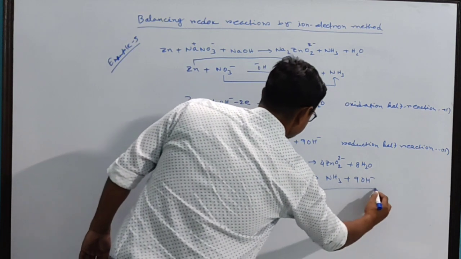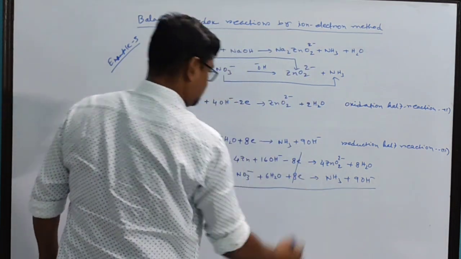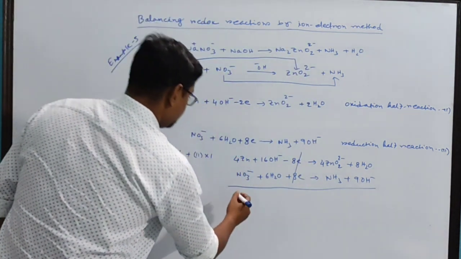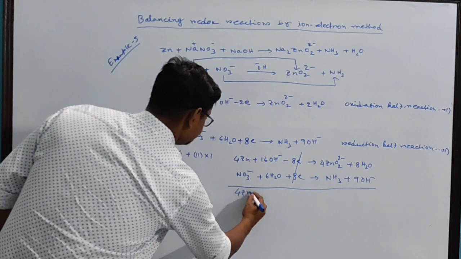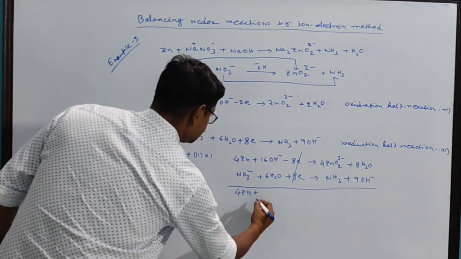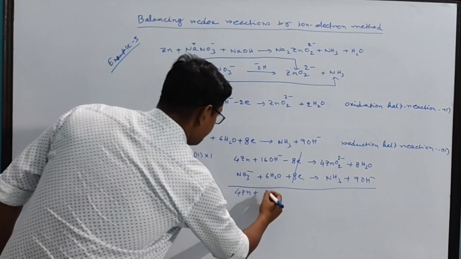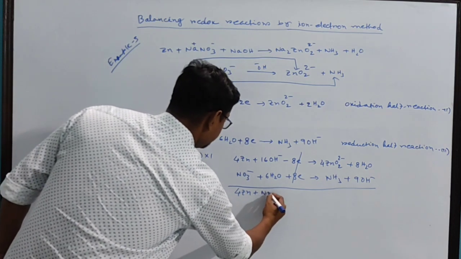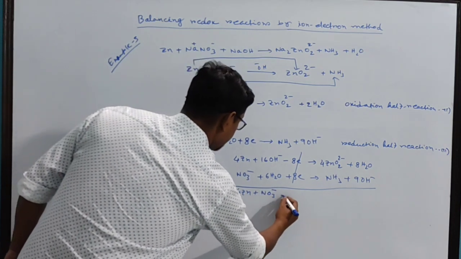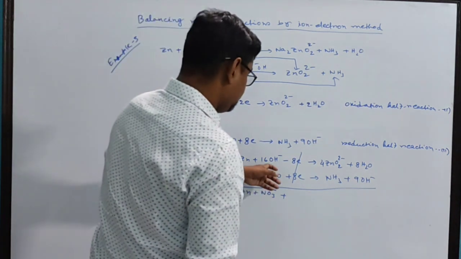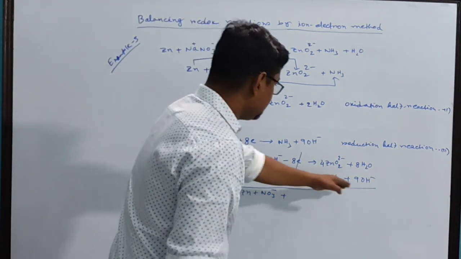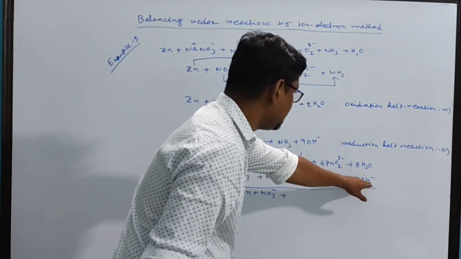So let's sum up, the electrons will be cancelled and we are getting 4Zn plus NO3 minus plus OH minus. Now you see here 16 OH minus and on the right hand side we will get 9 OH minus.